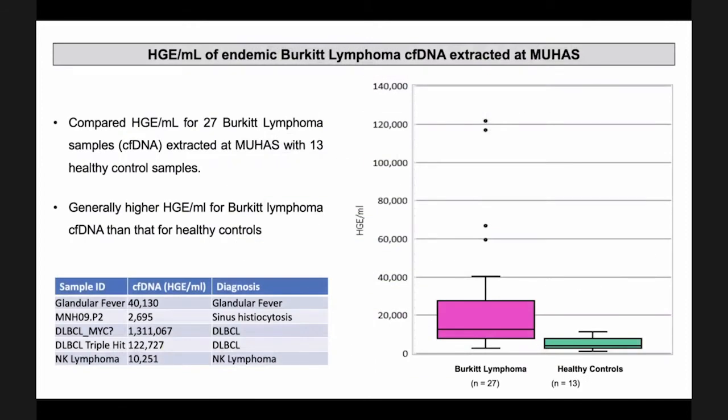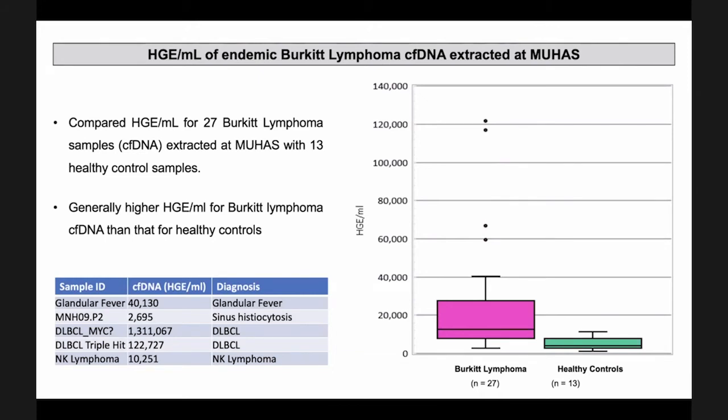I just want to share a little bit of data with you. Obviously, the study has only just started, so we are still in the process of getting all the data together now. But you can see just one of the attributes, as I said at the beginning, is to just simply measure the amount of cell-free DNA.